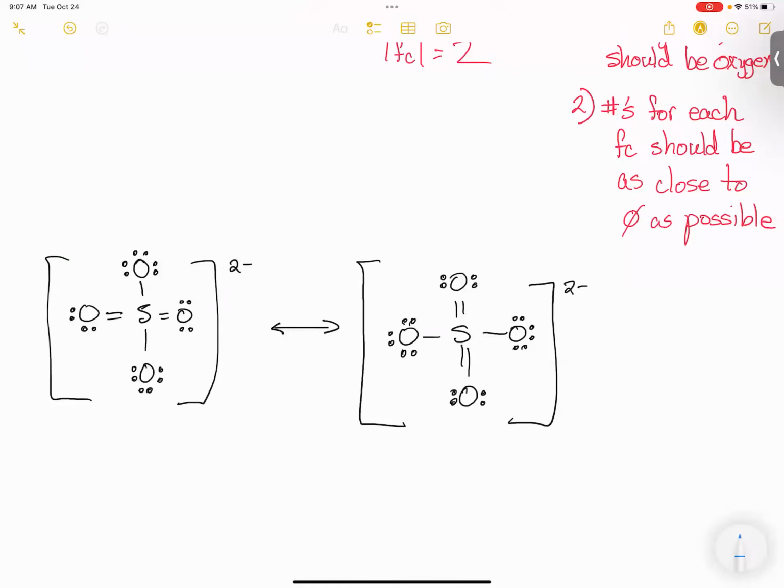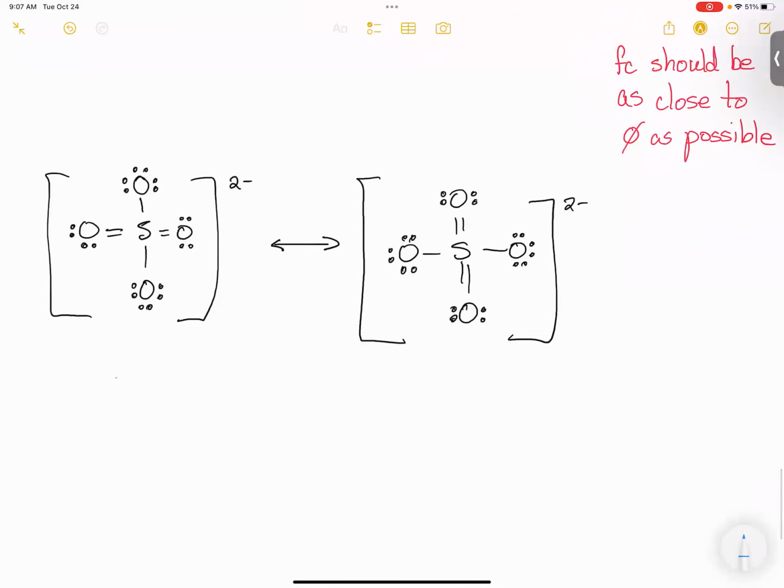So the rules to drawing resonance structures. A, draw all possible forms.